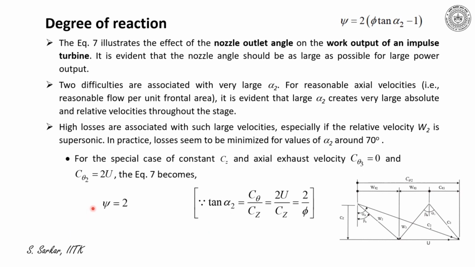Thus, I have indicated another thing, that for a normal exhaust or for an axial exhaust, psi is equal to 2 for an impulse turbine.